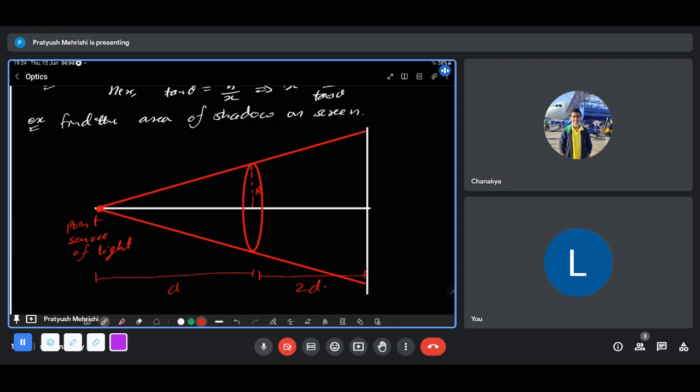It is kept at a distance 2d from the point source. This is our opaque object.